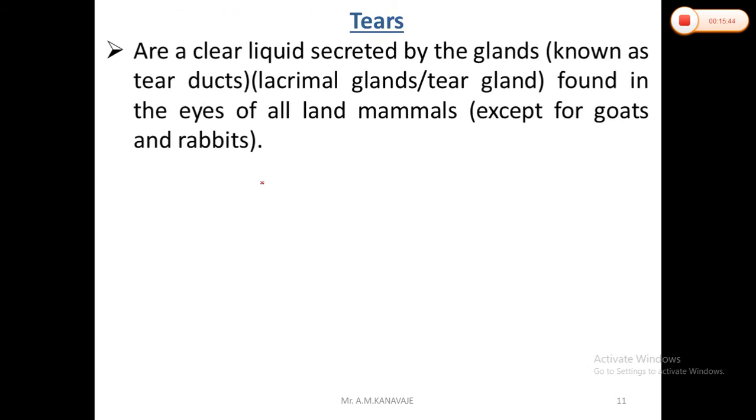Now we'll move to the next point, which is tears. So what are tears? Basically, tears are a clear liquid secreted by the glands, mostly known as the tear ducts or the lacrimal glands, which are found in the eyes of all land mammals except goats and rabbits.